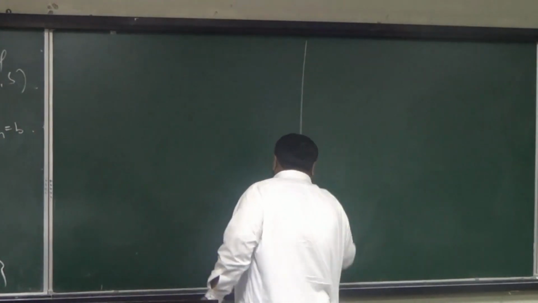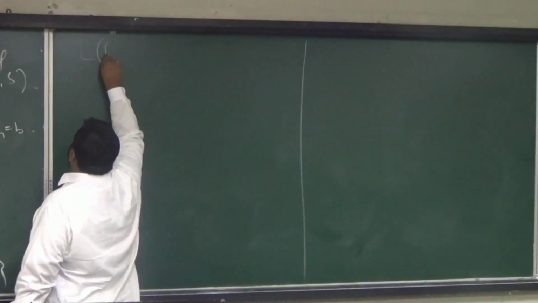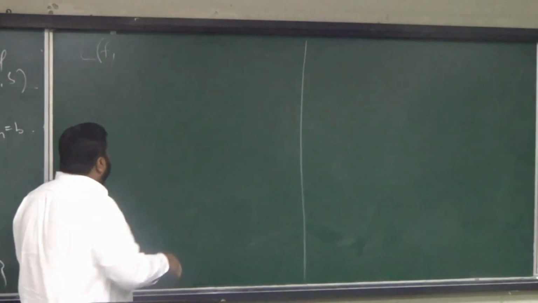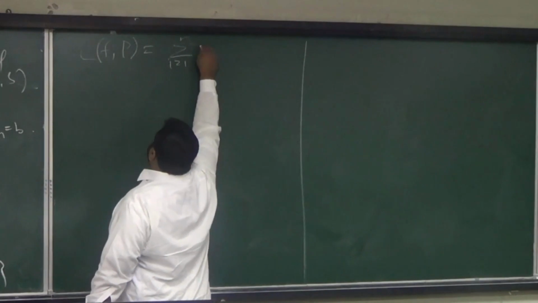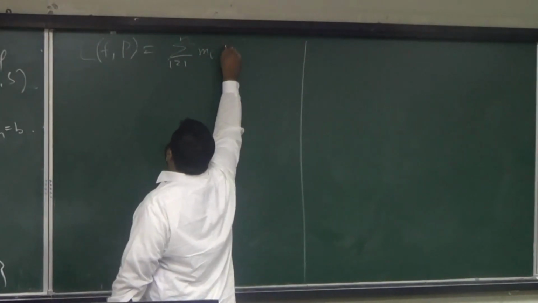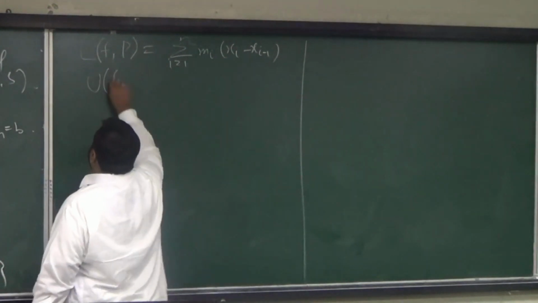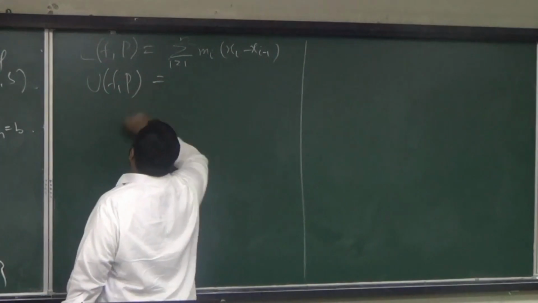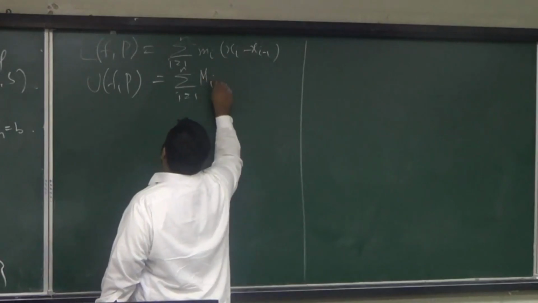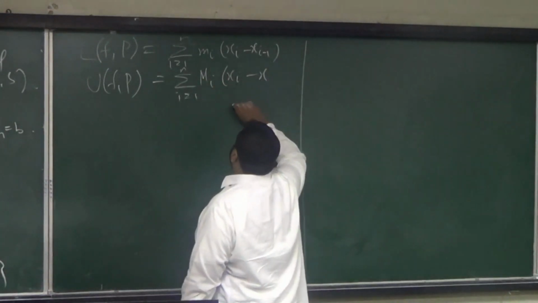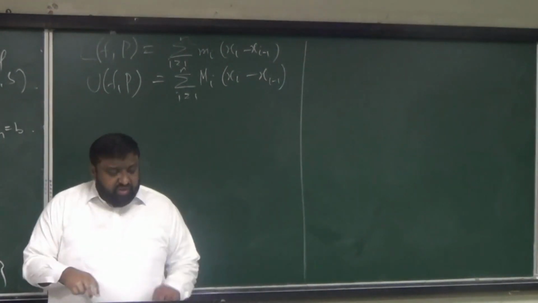So as I said, I'm defining, f is fixed, L(f, P) as the sum i equal to 1 to n of m_i (x_i minus x_{i-1}), and we have U(f, P) as the sum i equal to 1 to n of capital M_i (x_i minus x_{i-1}). Okay. The difference now between both.